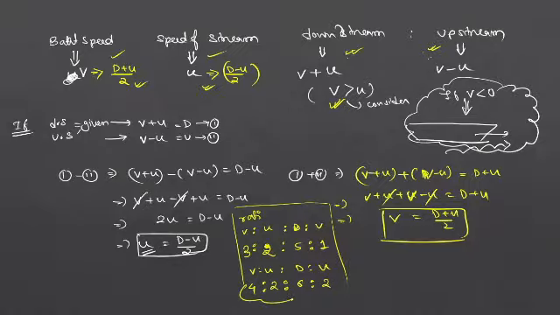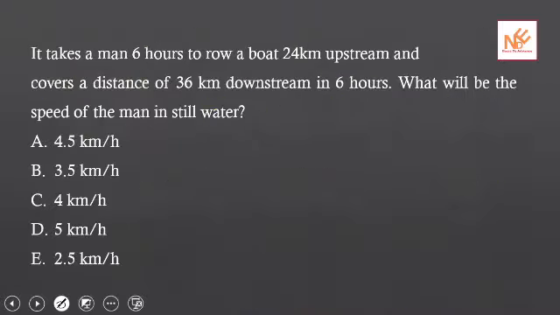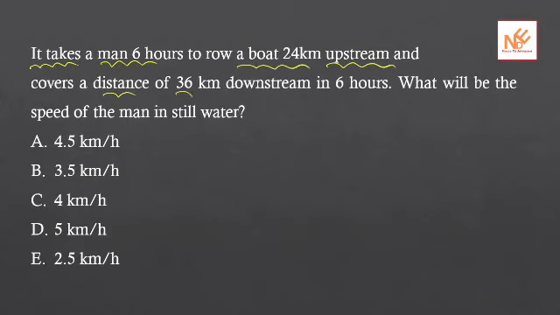Okay, now we discuss some questions and try to find whatever is asked. In this question, what is asked? It takes a man 6 hours to row a boat 24 kilometers upstream and 36 kilometers downstream.